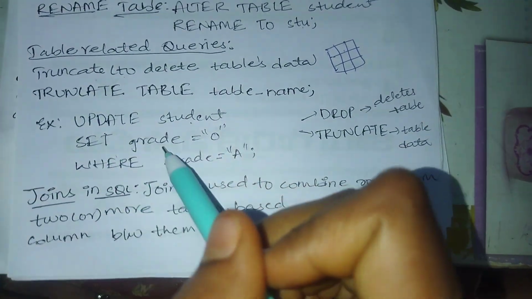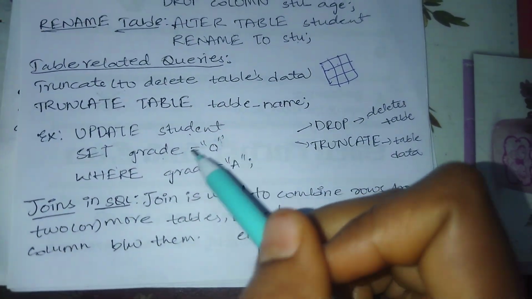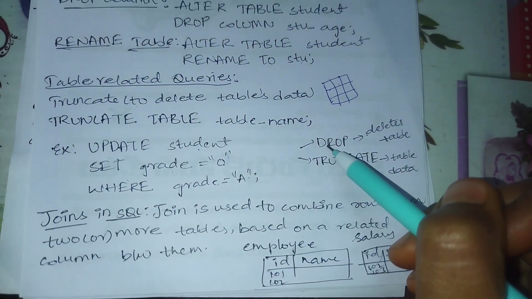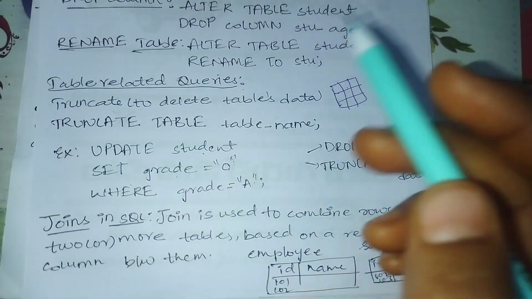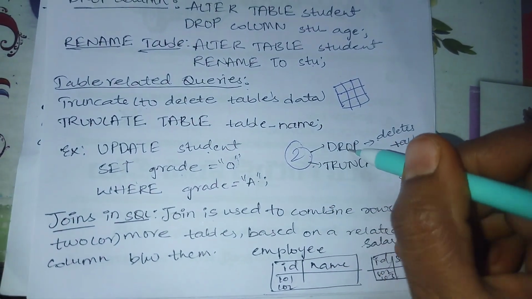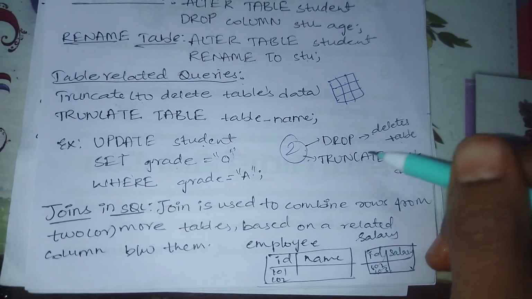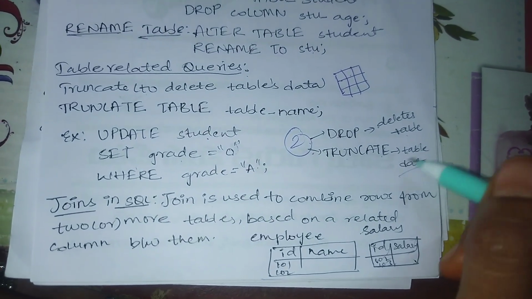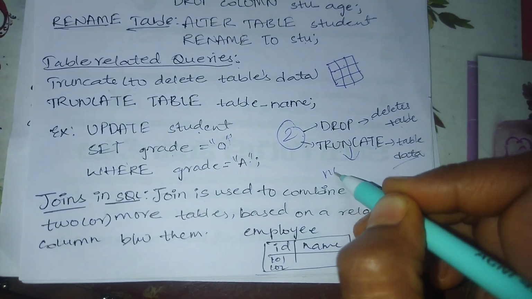Update student, set grade equals O where grade equals A. Table related queries, we can perform two functions: drop is used to delete the table. Truncate is used to delete the data but not the structure.